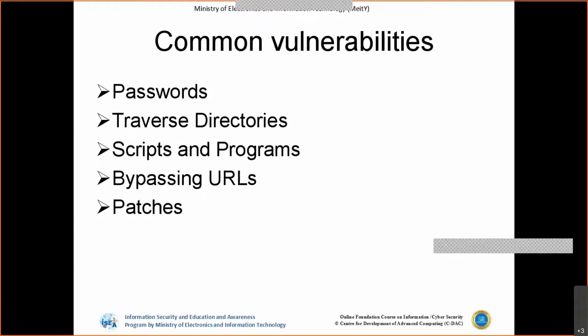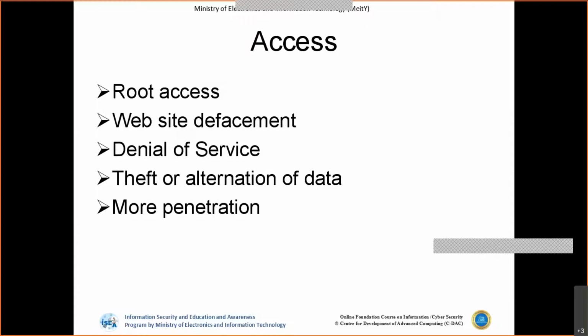Most of the common vulnerabilities are default passwords or weak passwords, which can be used, or we can use some scripts and programs, and even certain patches may not be secure enough for the complete security of the system. And whenever we get access, there is a lot that can be done with it.